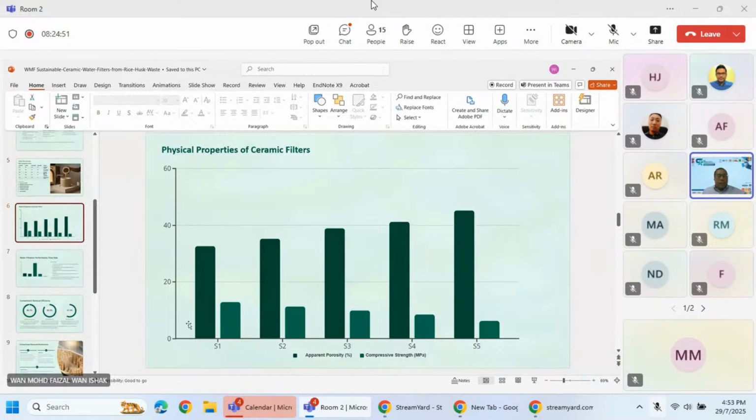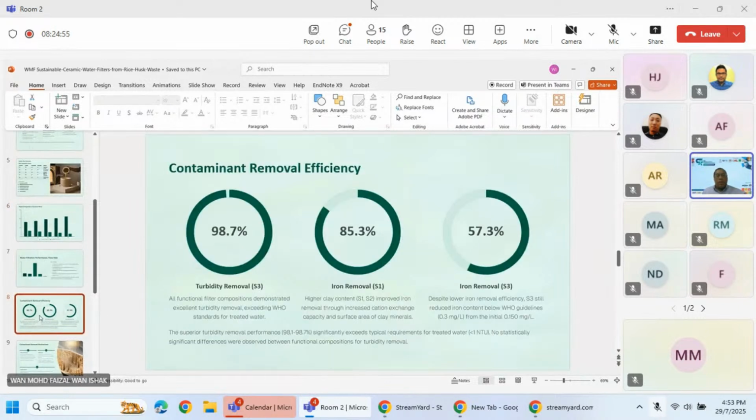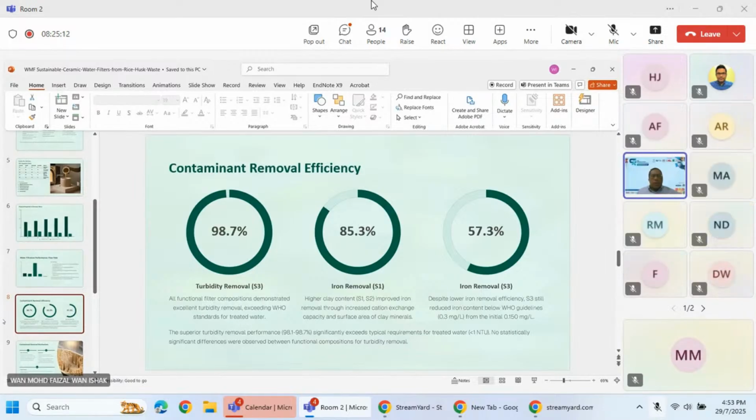From this, we did tests for turbidity and ion removal. In the results, the best for turbidity is S3 at 98.7%, and for ion removal, S1 at 85.3%.